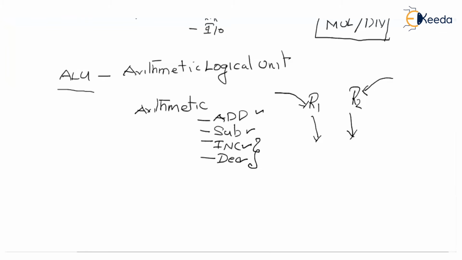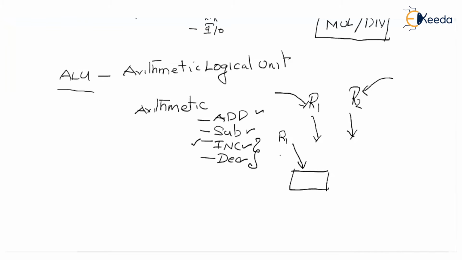But if you want to perform incrementing or decrementing, to the ALU I should only transfer R1. The second clock cycle which requires R2 to be transferred is not needed. If I define the increment operation, the ALU can automatically increment the contents of R1 directly without wasting one more clock cycle.